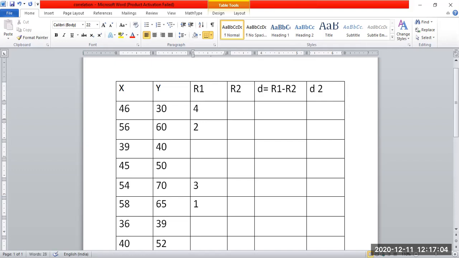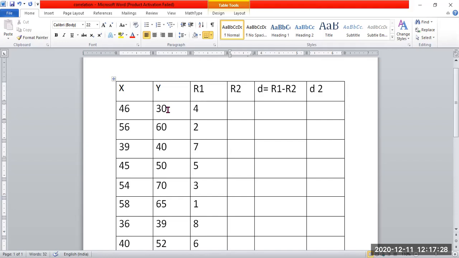The fifth rank, 45. Sixth rank is 40. Seventh rank, 39. Eighth rank, 36. Now successfully completed.